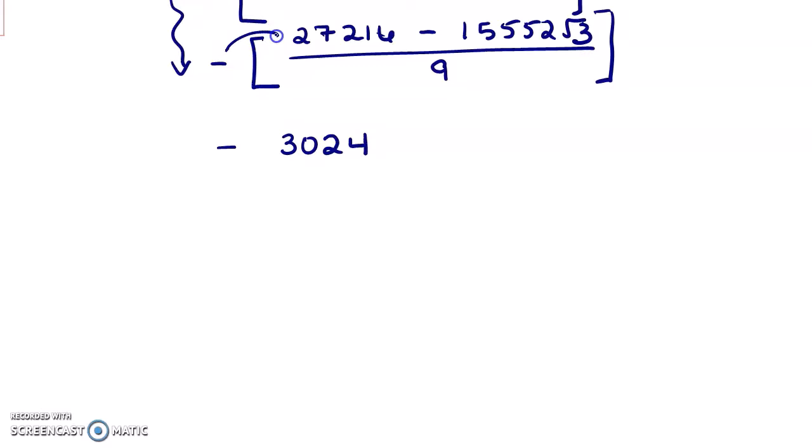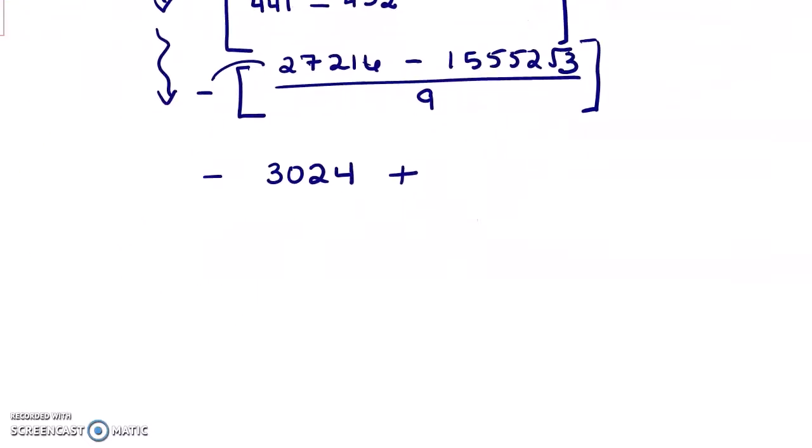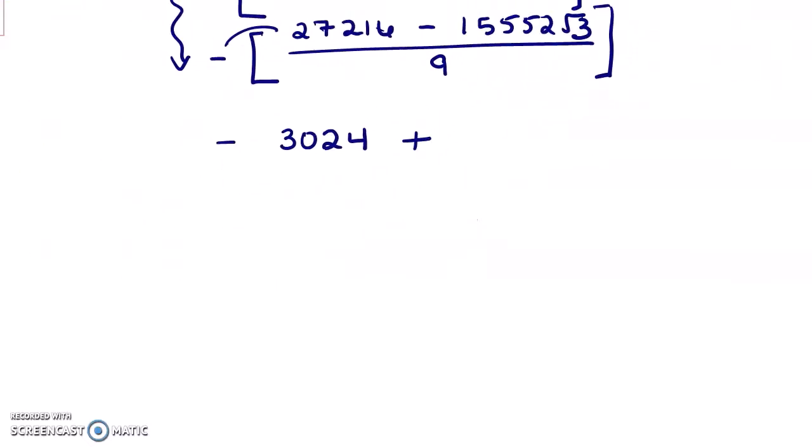And now I'm going to distribute the negatives through. So a negative times a negative is a positive. When I look at 1 plus 5 plus 5 plus 5 plus 2, I get 15, 16, 17, 18, also divisible by 9. That works out to be 1728 square root of 3.